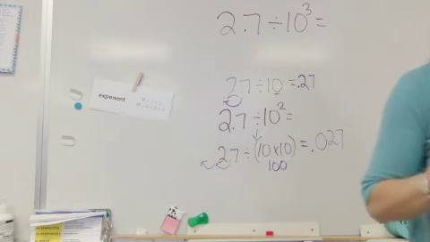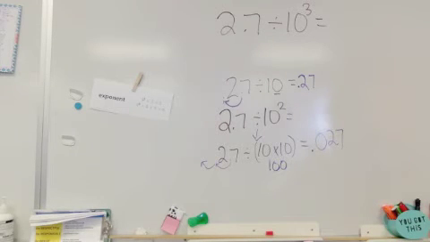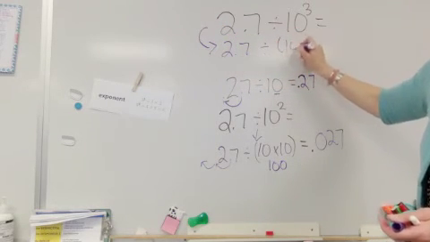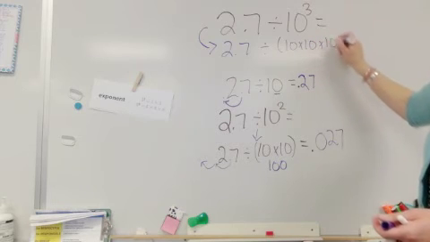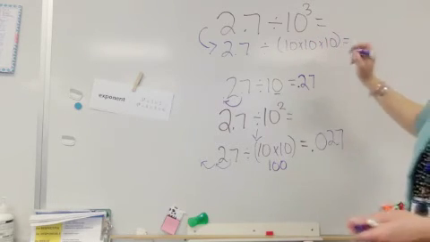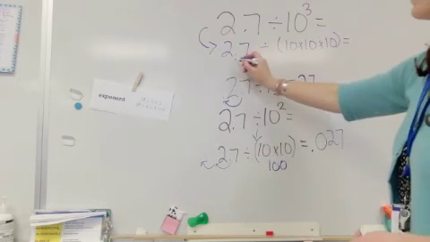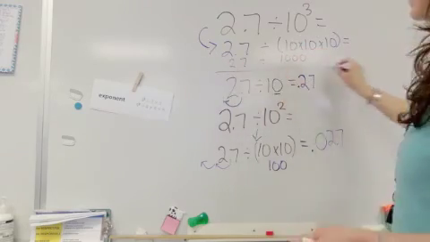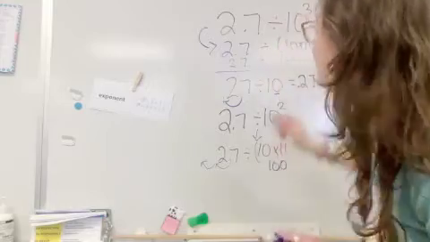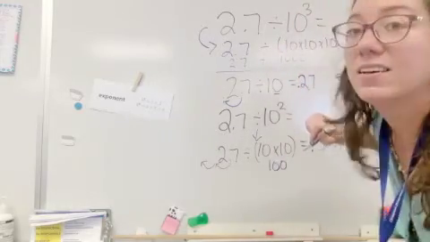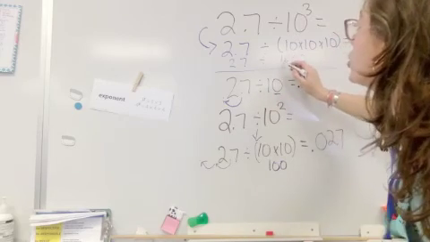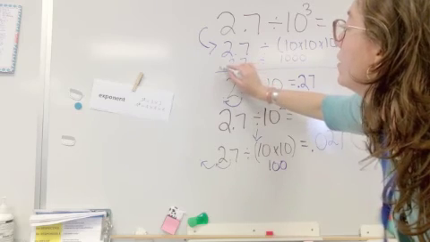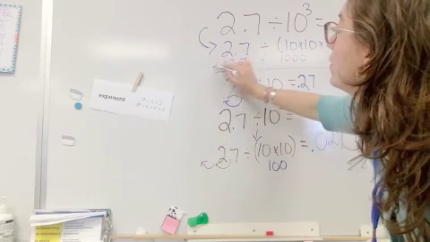I'm going to see who gets that one. 2.7 divided by 1,000, or 10 to the third power, same thing, means that we are dividing and there's 3 zeros, so we shift that many places over to the left. 1, 2, 3.